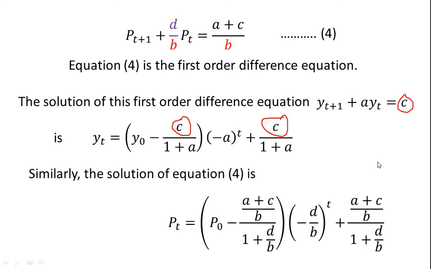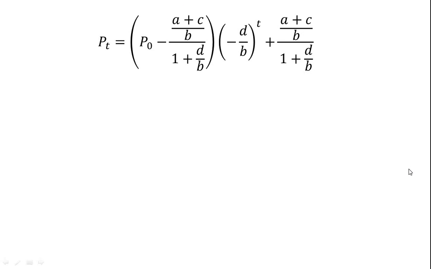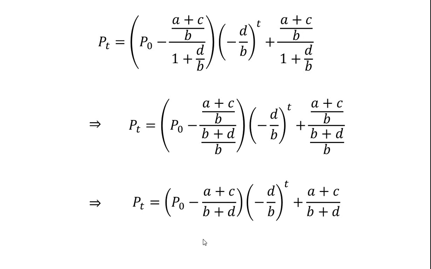In place of c in equation 4, we have a plus c divided by b, and in place of a we have d by b. After simplification, we get Pt equal to P naught minus a plus c divided by b plus d, into minus d by b whole to the power t, plus a plus c divided by b plus d. So this is equation number 5.